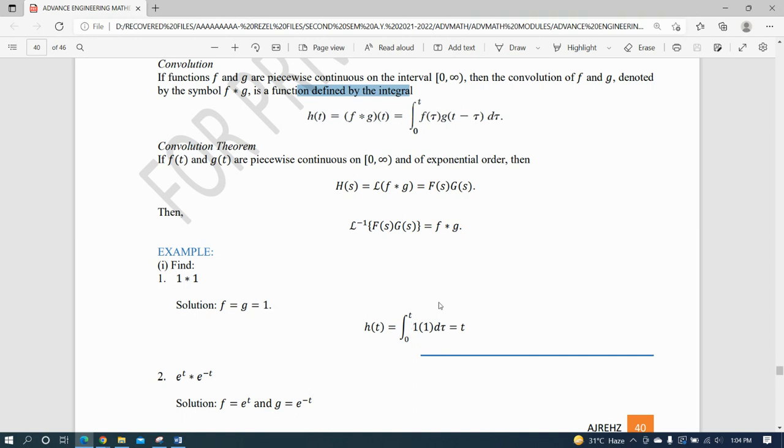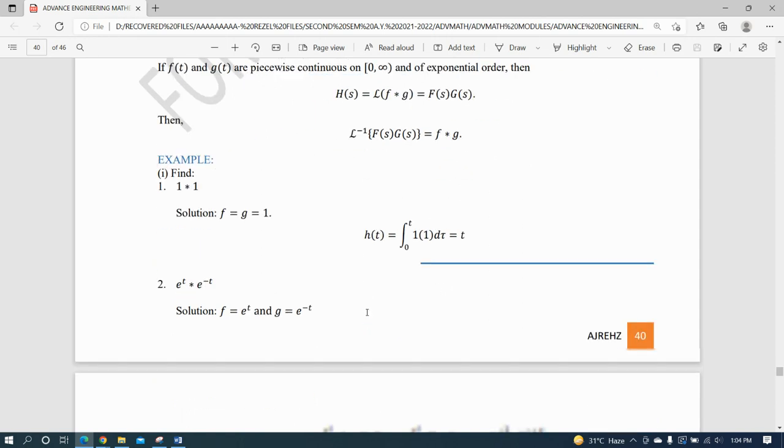Simply substitute, wala tayong papalitan. Okay? So we simply have the integral of 1 times 1 d tau or simply equal to the integral of d tau. Okay? And the integral of d tau is tau. If we substitute the limits from 0 to t, the answer is t. Okay? So as simple as that. Alam nyo naman na siguro yan, no?